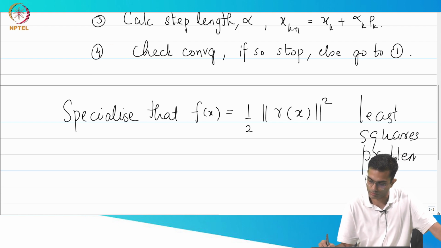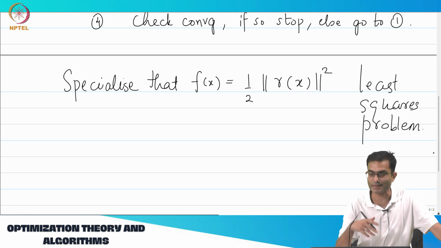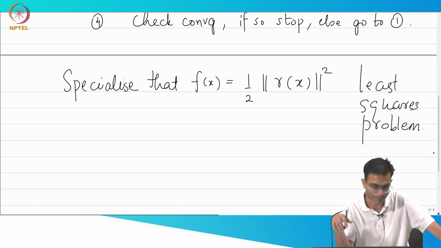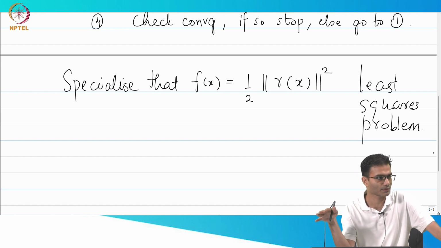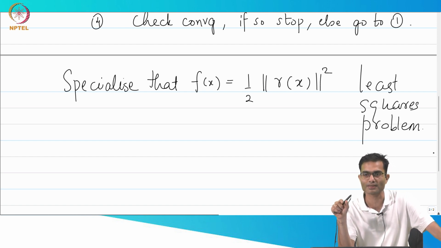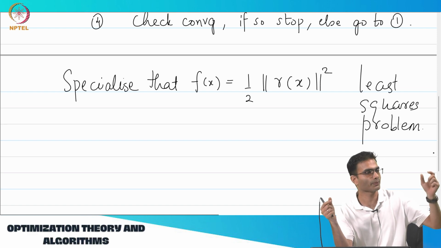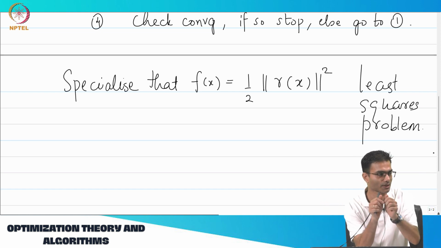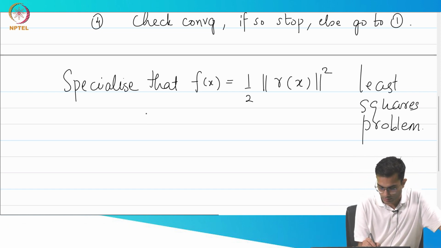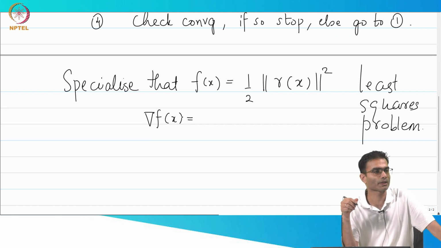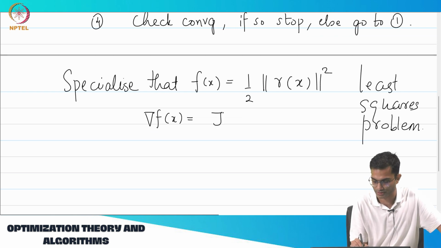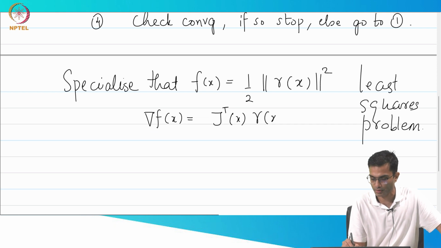And the advantage of writing it especially in this way is that you get some special form of the gradient, Hessian, etc. Everyone remembers this sum of squares? Each of those components of R(x) is, for example, what? The difference between a measurement and a model. The prediction of the model and the measurement, that's what I have in R(x). So, what was grad f? We had a nice form for grad f, remember, in terms of the Jacobian of R, right? So, I had J transpose(x) times R(x).